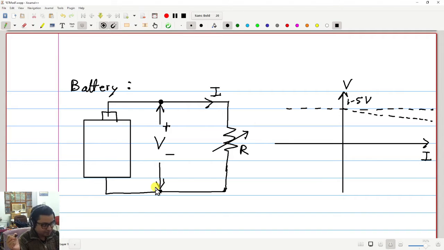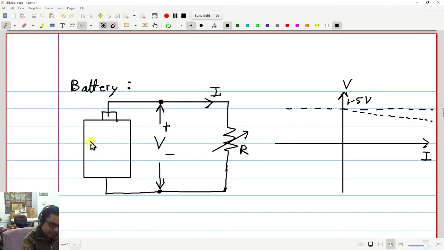It will not remain 1.5 volt, but it will become maybe 1.4, 1.3. As you take more and more current, the voltage decreases gradually. Why is that so? Because of certain internal resistance. Because when this current is flowing, it is also flowing through the battery, through the electrodes and the electrolyte chemical that you have, and all of those have some resistances.